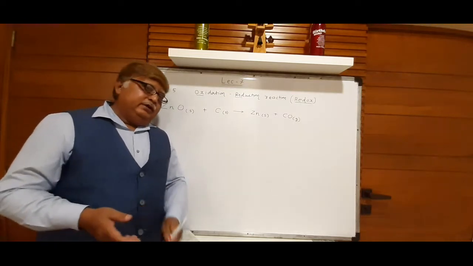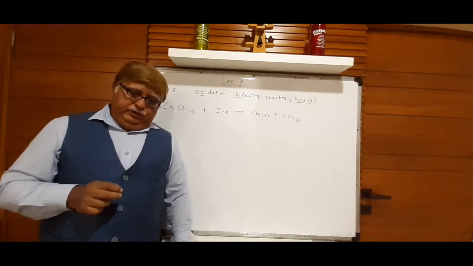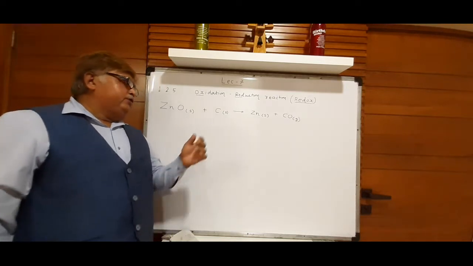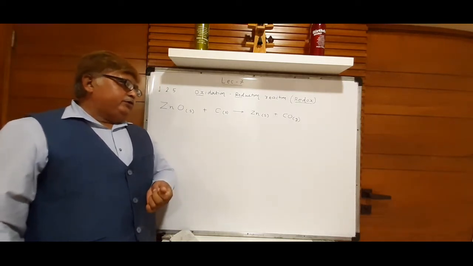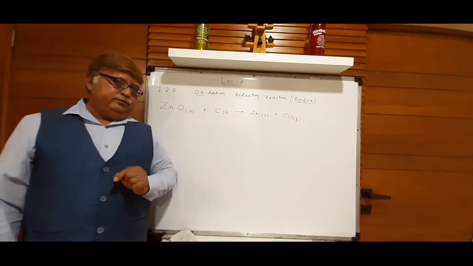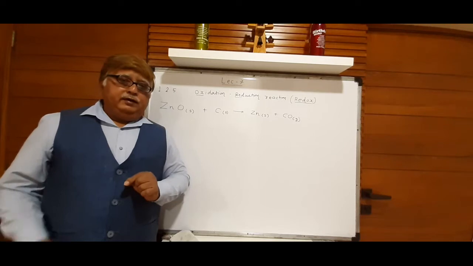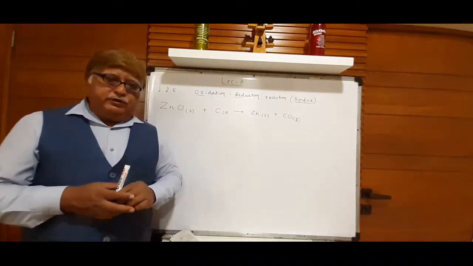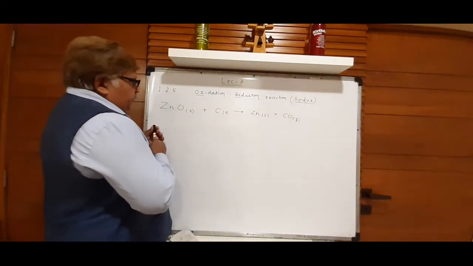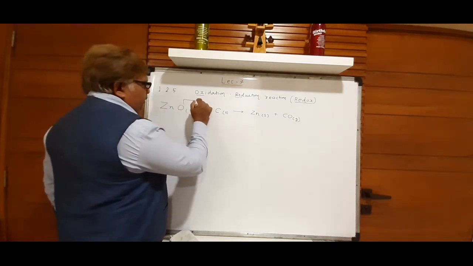You have already written this equation in your book: ZnO plus C gives Zn plus CO. If I ask you one question, in this particular chemical reaction, which substance is getting reduced and which substance is getting oxidized? So here zinc oxide is reduced to form zinc.